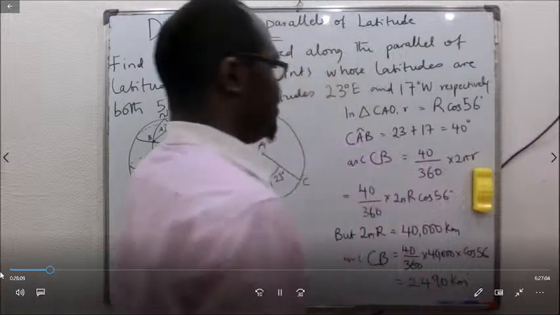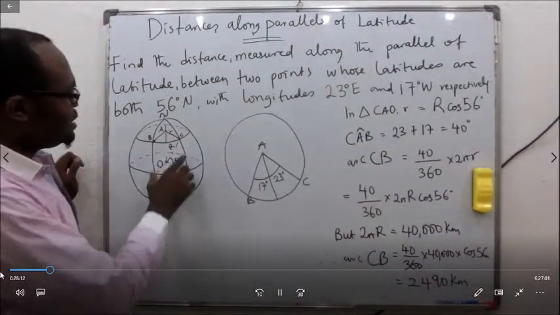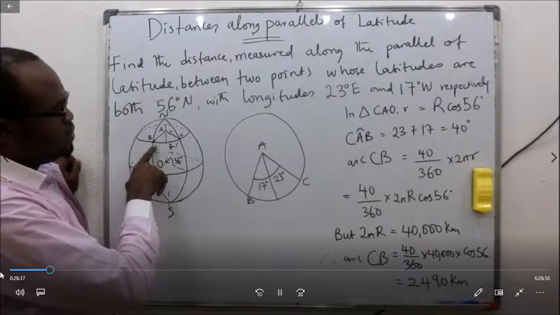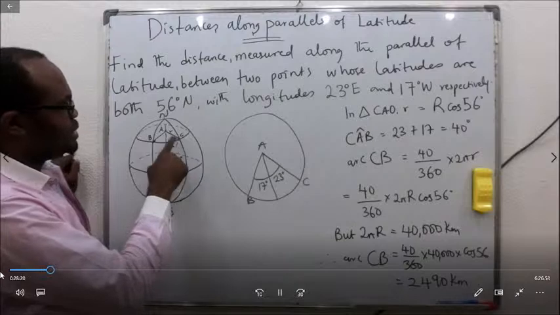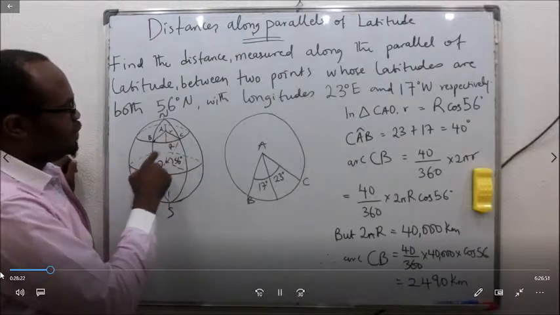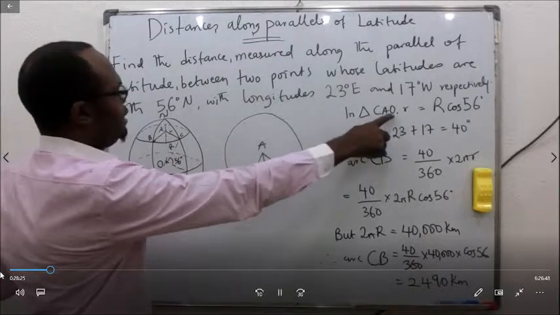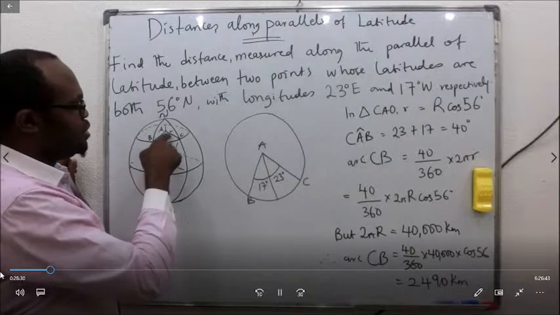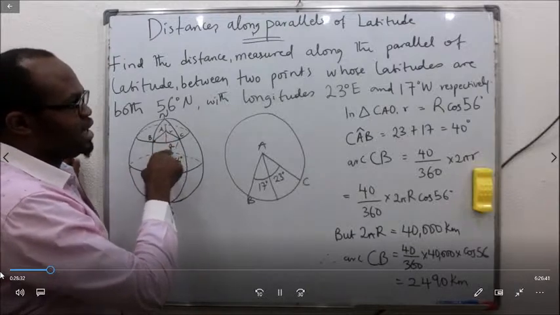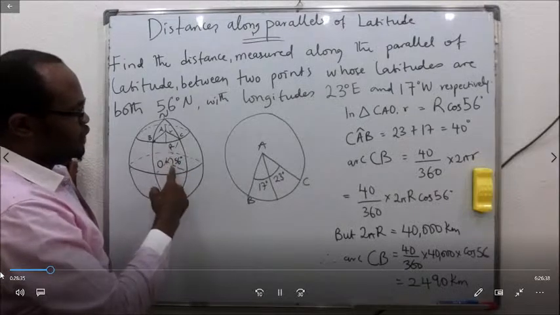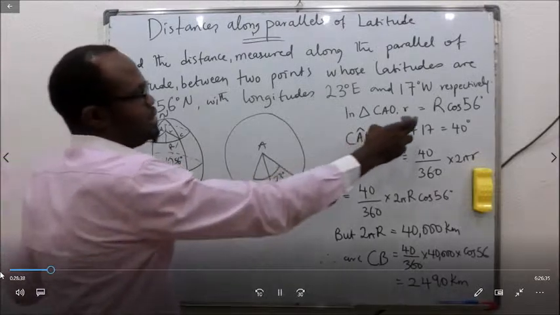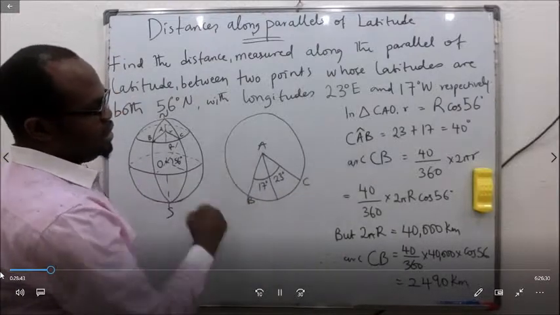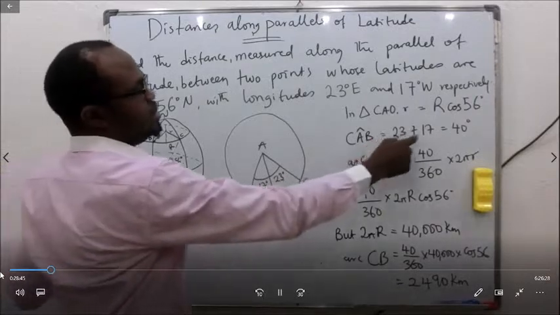But if you want to look at this critically, this is where it is represented. These are the 2 points. We have this point and we have this other point. This is the R. If you consider this angle CAO, you're going to find out that this small r is equal to this big R cos 56, which is this angle. And that is how we come about this. Now CAB is simply the addition of these two angles, giving you 40.